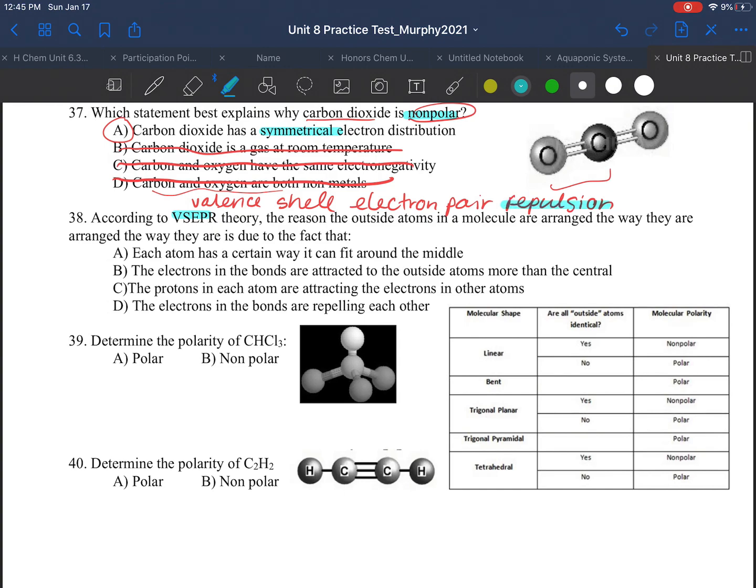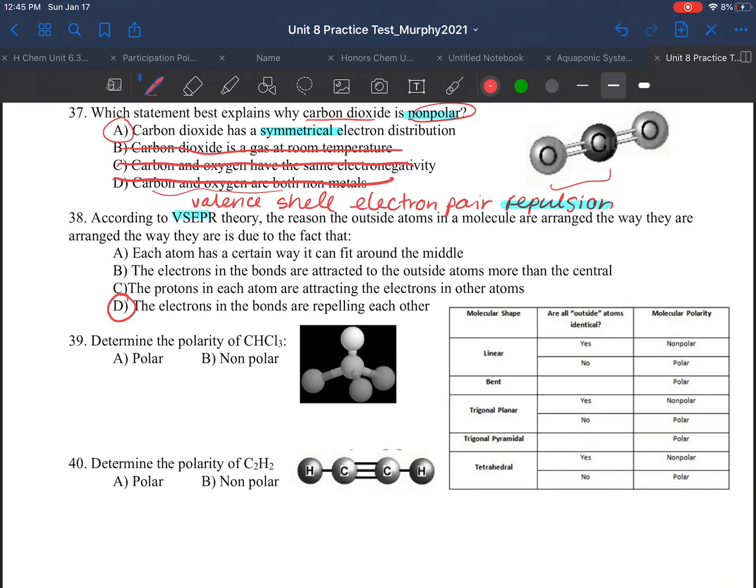What's happening is the valence shell electron pairs are repelling each other, no matter if they're in a bond or a lone pair. Negatively charged electrons are going to repel other negatively charged electrons. And so the answer is going to be D. This is exactly stating why the atoms in a molecule are arranged the way they are.